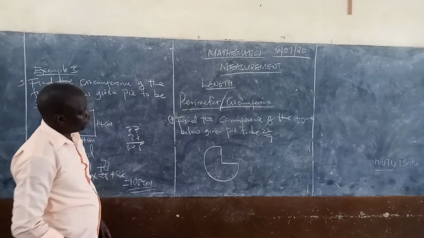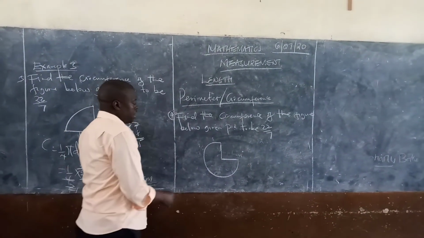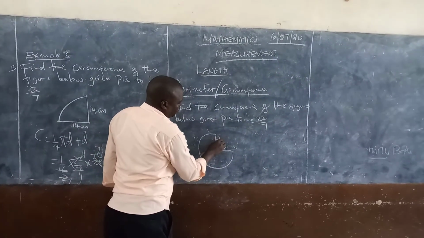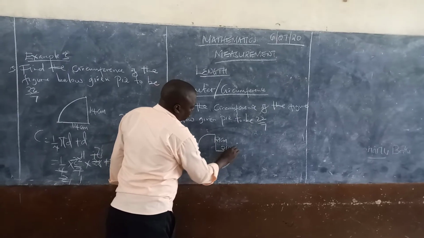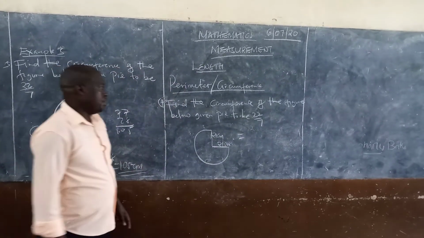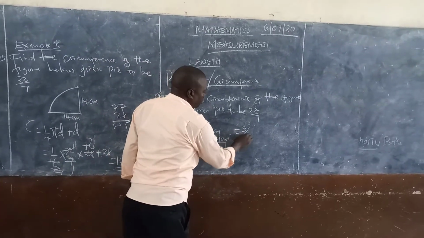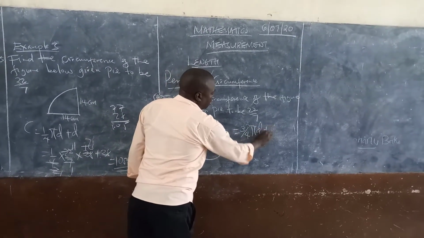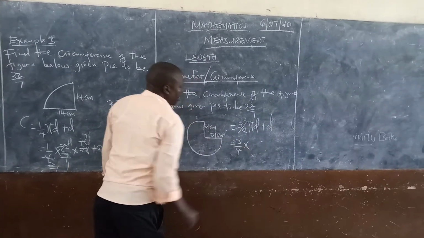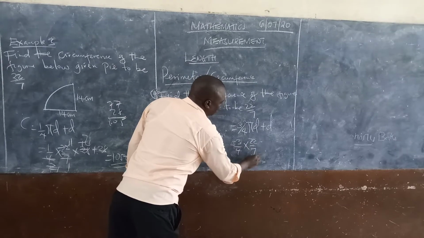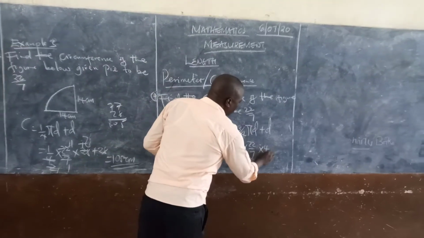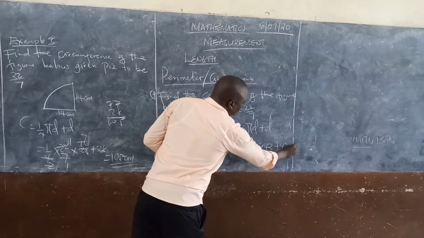So we have our radius. Let's say our radius to be 21 centimeter. The formula for this, we are saying 3/4 pi d plus d. So you have 3/4 multiplied by 22/7, times the diameter 42, plus 42.